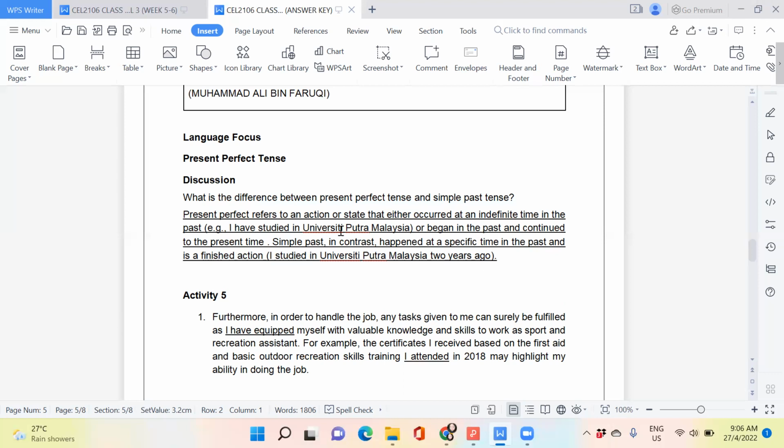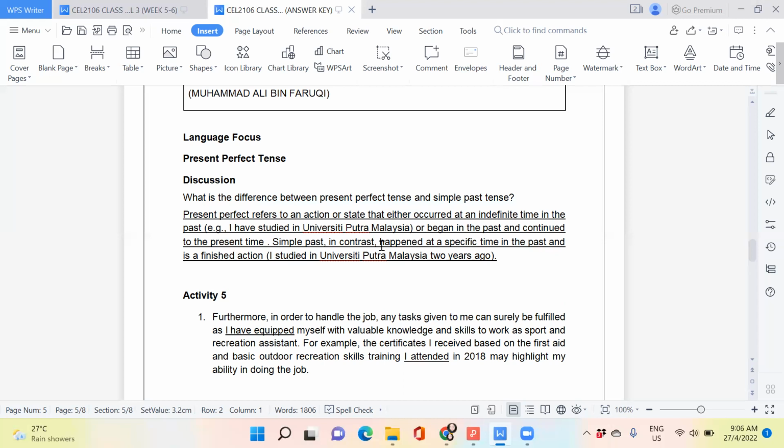So that's different. Again, present perfect tense means it happened in the past, similar to simple past tense. Both happened in the past. However, present perfect tense means you do not know when it occurred, at an indefinite time. But with simple past tense, you know specifically when. When I say 2 years ago, you know it's 2020.